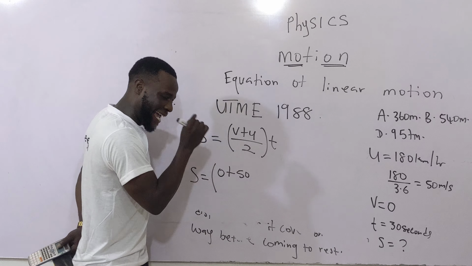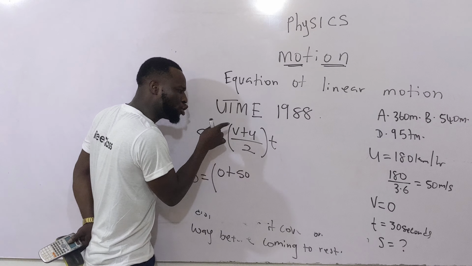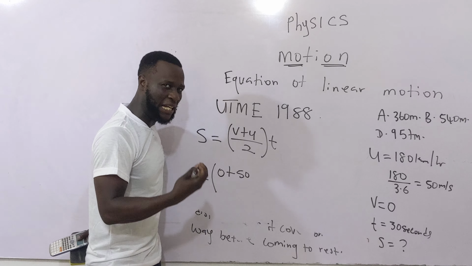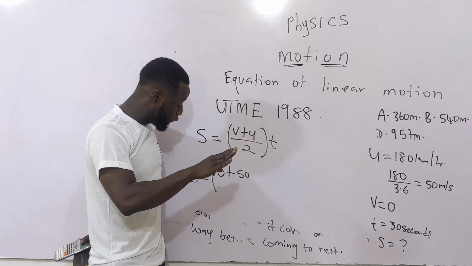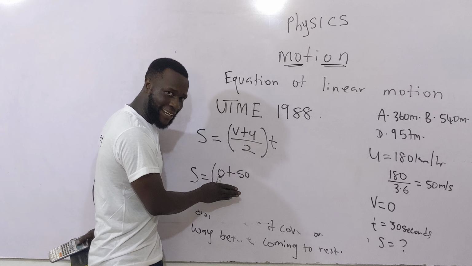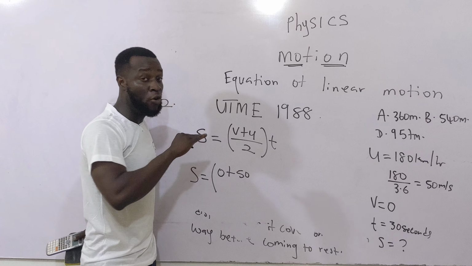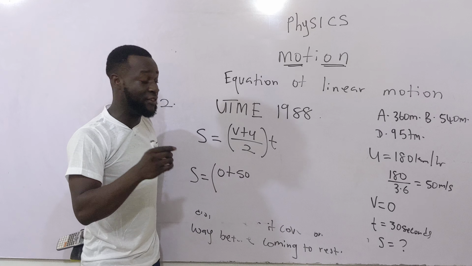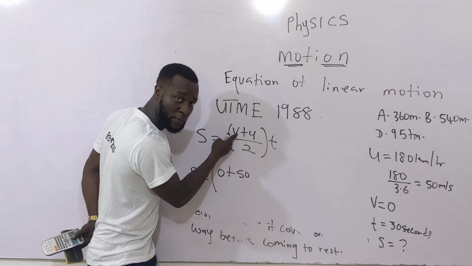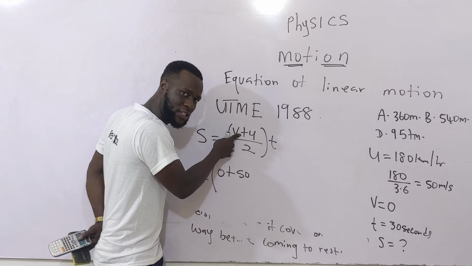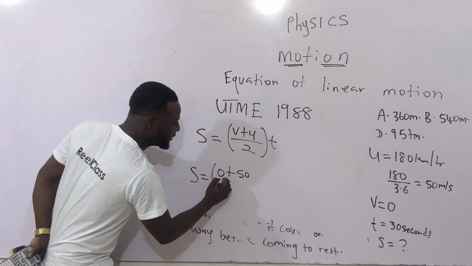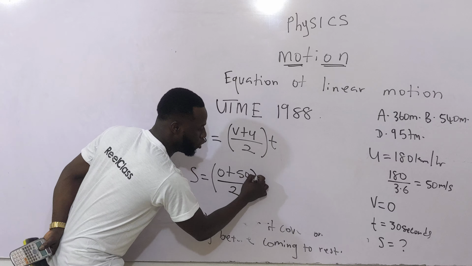Note, like I said previously, it does not matter whether the body is accelerating or decelerating. I obviously know that this body is decelerating. But when using the fourth equation, it does not matter whether the body is accelerating or decelerating. We are always using plus for this fourth equation. I need to emphasize that. So divide by 2, close the bracket.